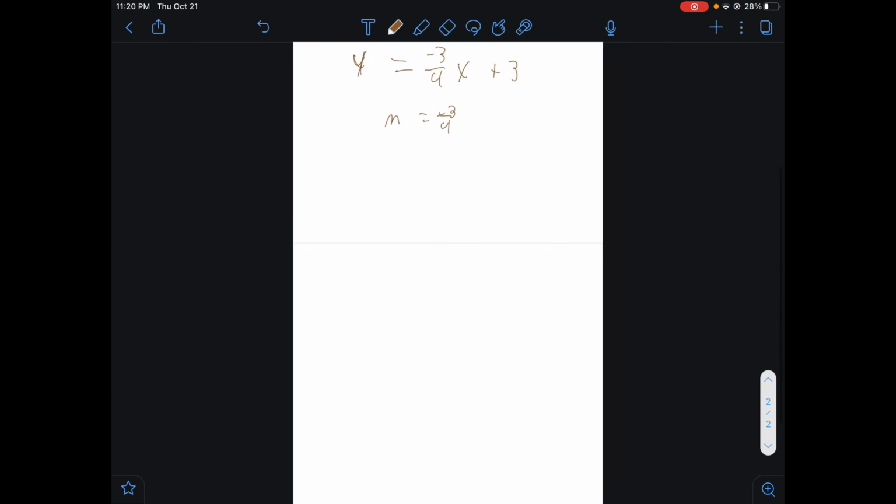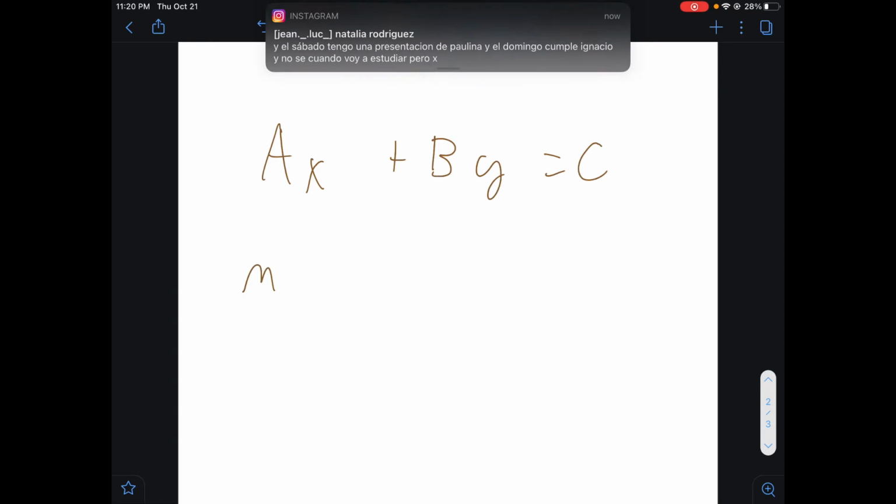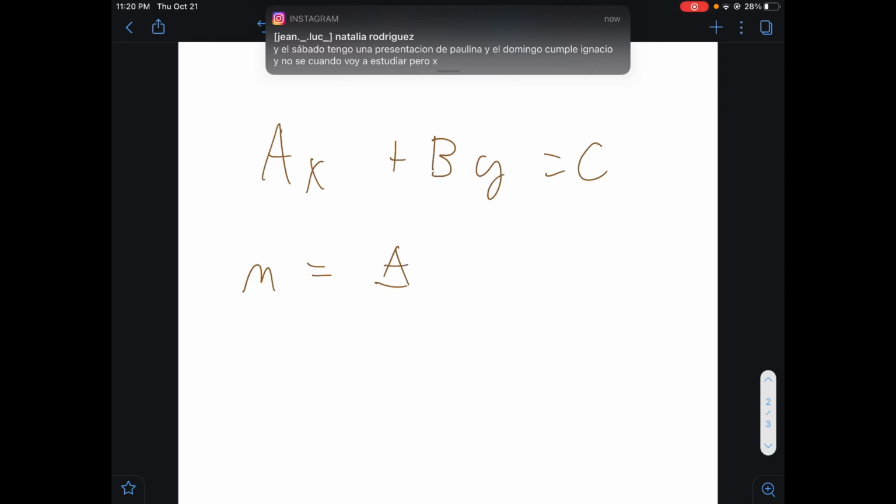There's a shortcut to do that method, but you need a little bit more understanding of the concept. If the equation is written in the form ax plus by equals c, you take the opposite, so m equals negative a over b.